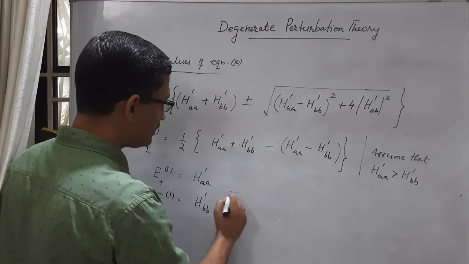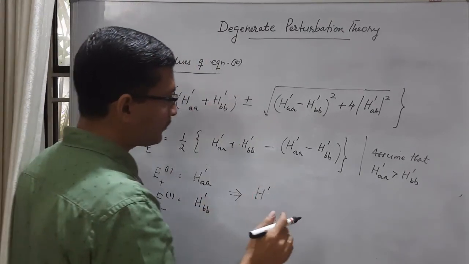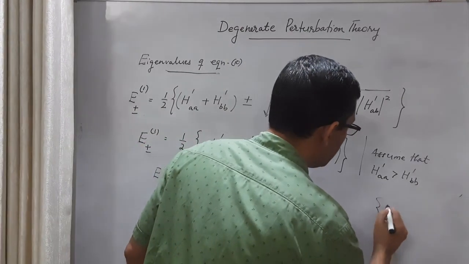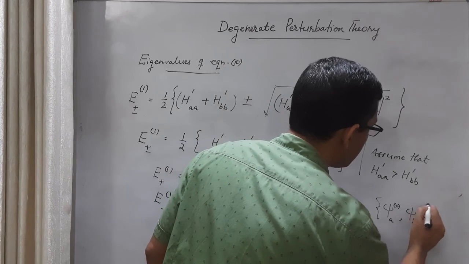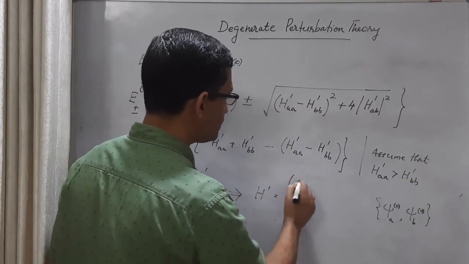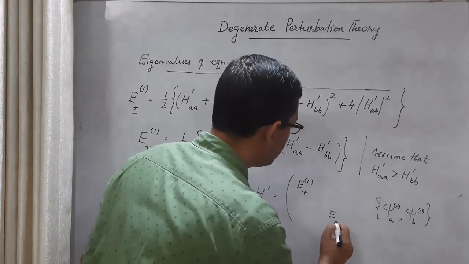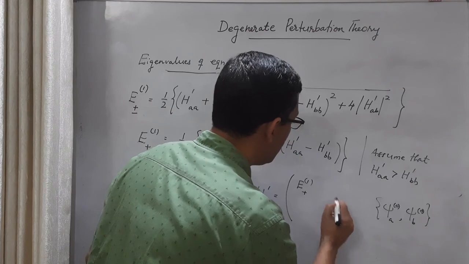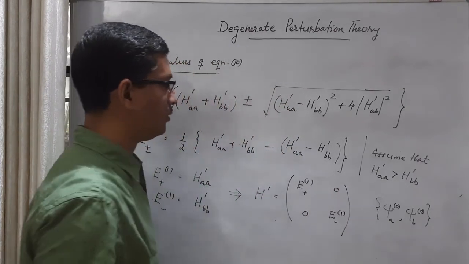So it means that in the basis of psi a0 and psi b0, if these are the correct basis, our perturbing Hamiltonian will look like this. The first diagonal element will be E plus 1, the second diagonal element will be E minus 1, and the off diagonal elements h prime ab and h prime ba will be 0.